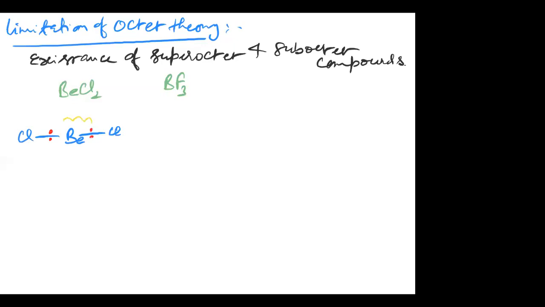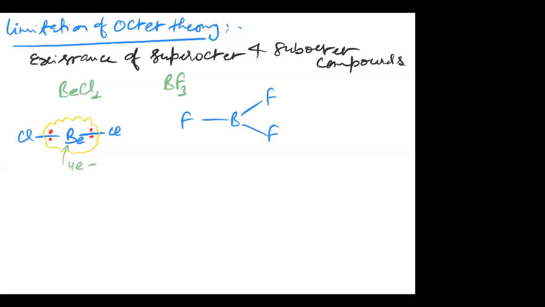So even after sharing of electrons, in the outermost shell of beryllium there are only 4 electrons. The same is the case with, let's say, BF3.